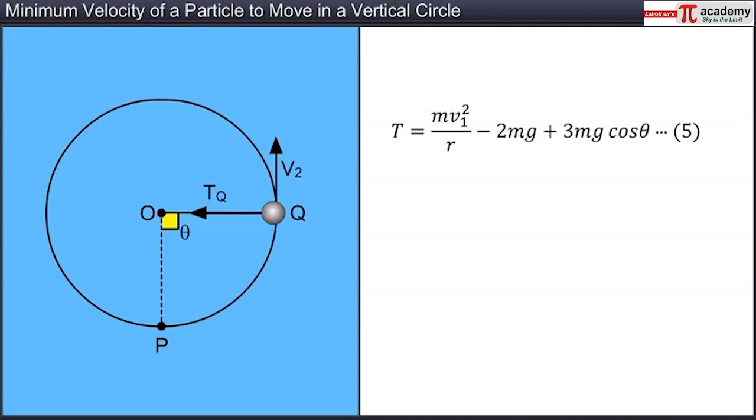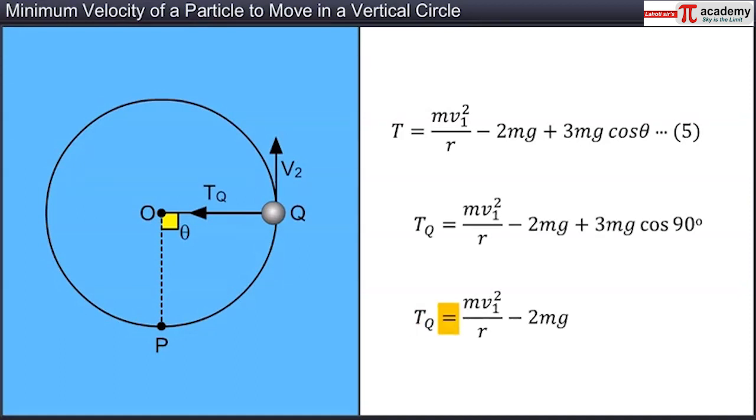By substituting these values in equation 5, we get Tq is equal to M into V1 square upon R minus 2mg. Let this equation be 7.